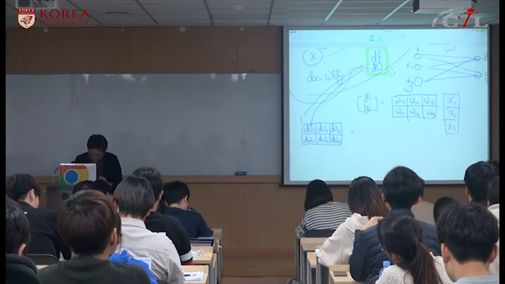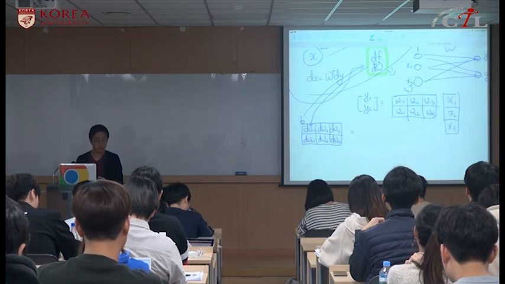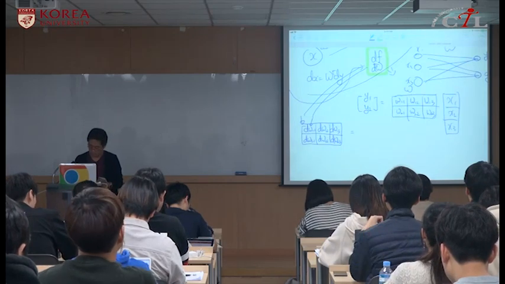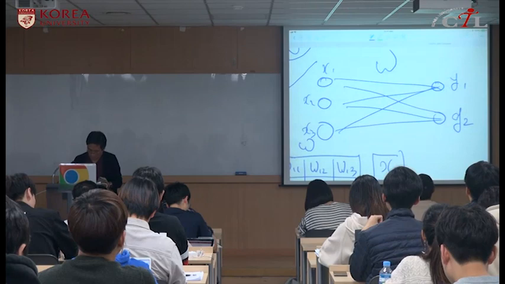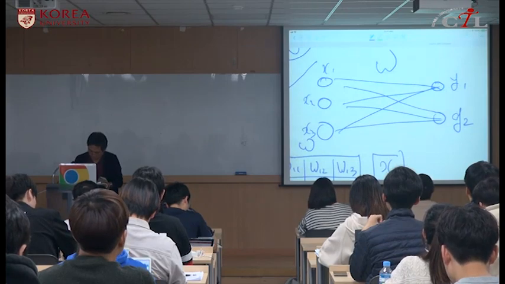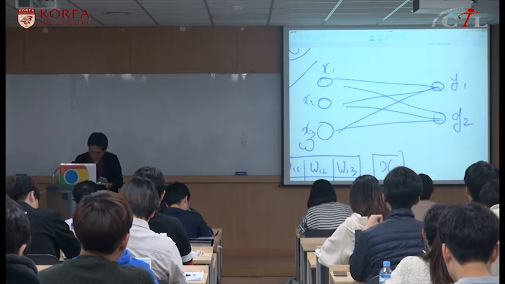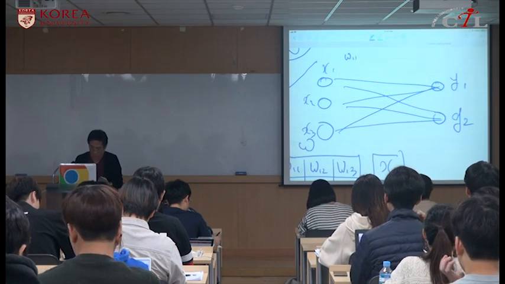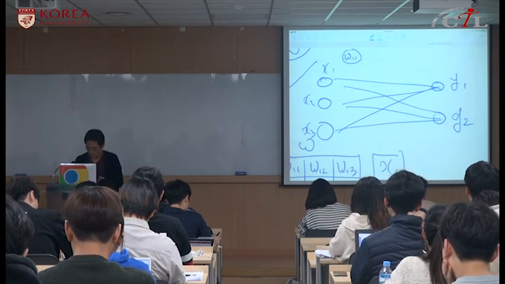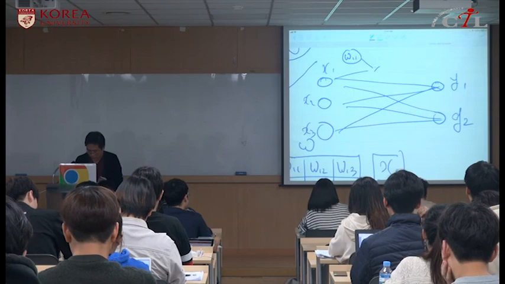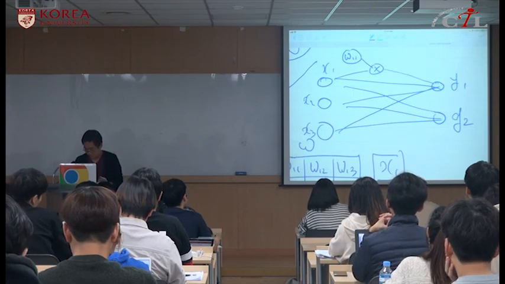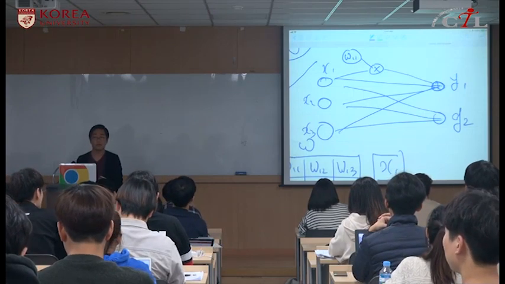So what is this gradient with respect to W11? Where is W11? If you imagine we have W11 here, it is multiplied and then added together to form Y1.